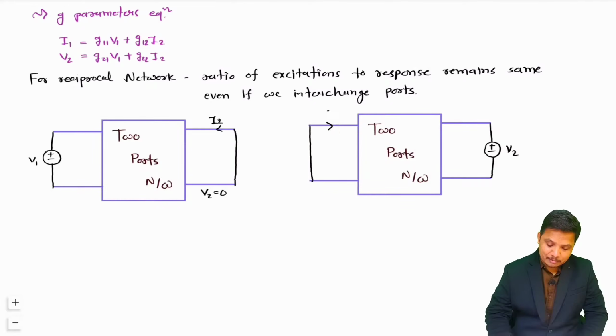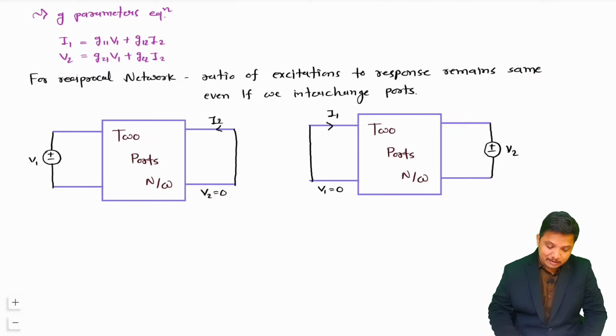Let us say the response current is I1 and this port is short, so voltage V1 at port 1 is 0. So the ratio of excitation to response, that is V1 by I2 when V2 is 0, should be the same as V2 by I1 when V1 is 0. So that is the meaning of this definition.